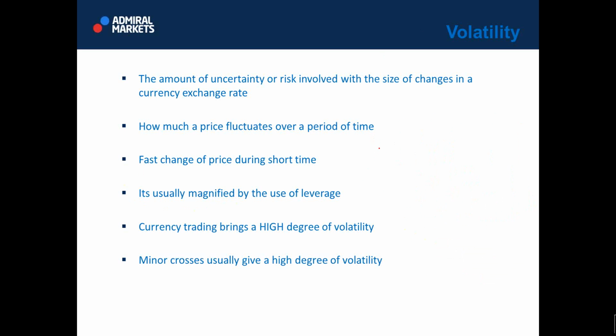As I told you, the best is to trade on normal volatility. But there are ways to trade both low and high volatility. Minor crosses will usually give a high degree of volatility. If you watch the average ATR of GBP/JPY, or maybe compared to Euro dollar or GBP dollar, you would see that minor crosses are indeed much more volatile than majors.